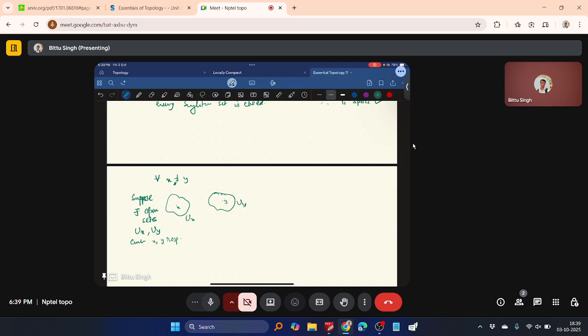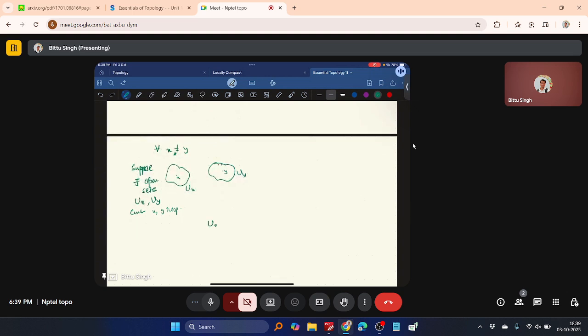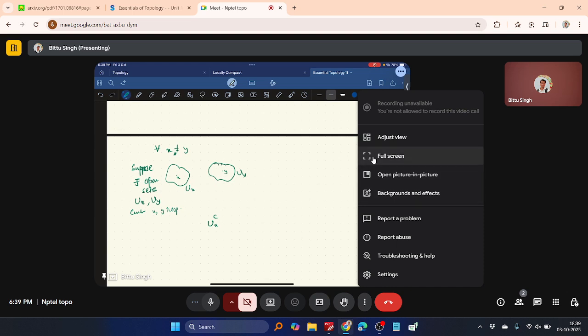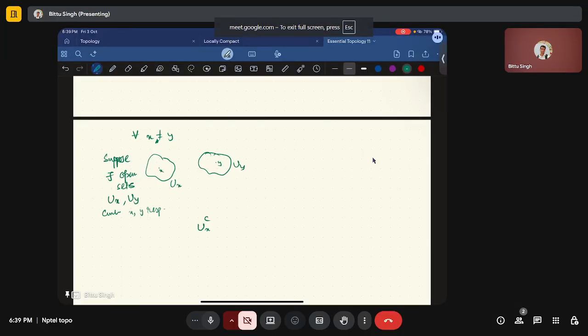So now what will be the problem? Those are open sets. The problem is those two open sets cannot be disjoint, right? Because Ux contains almost everything except some finitely many points. Uy contains everything except some finitely many points. So the problem will be they must overlap.